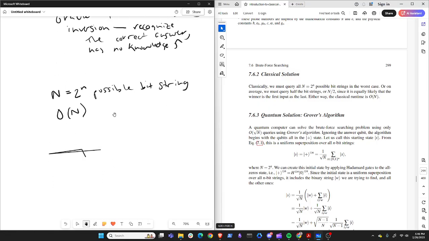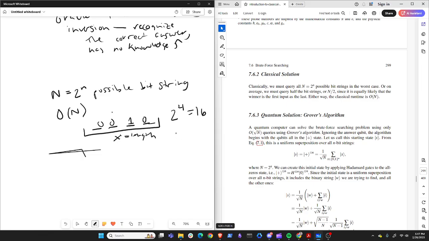So the idea is essentially that we have some x with length n. Let's say it has 4 elements, and the element that we want is the third element. We would have to go through generating all possible bit strings of this space. So we have 4 bits, and we would have 2 to the 4th possible bit strings, which is equal to 16.